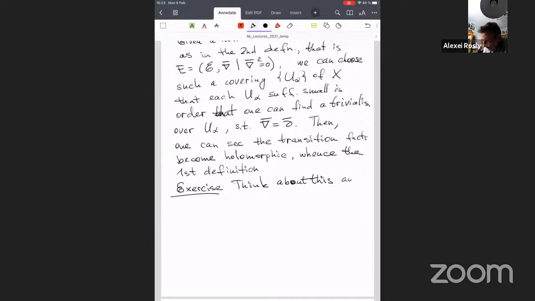And find also the argument in the opposite direction, how to come from the first definition to the second: how to define a D-bar connection if you are given holomorphic transition functions.